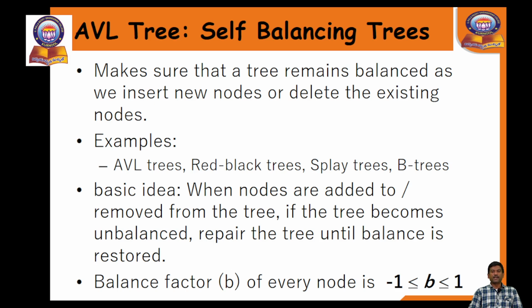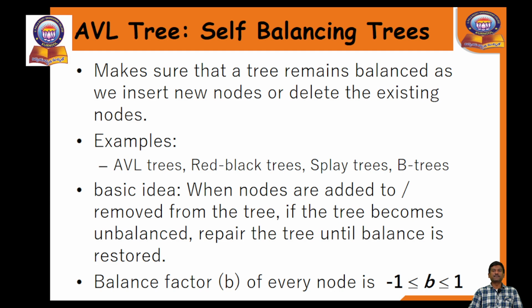So the basic idea is, when nodes are added to or removed from the tree, if the tree becomes unbalanced, what do you mean by balanced and what do you mean by unbalanced? That will be explained with examples. If upon adding or deleting a node it becomes an unbalanced tree, then you have to repair the tree such that the balance is restored.